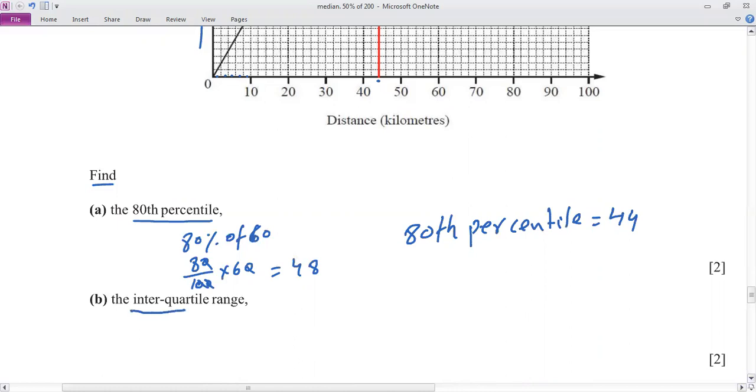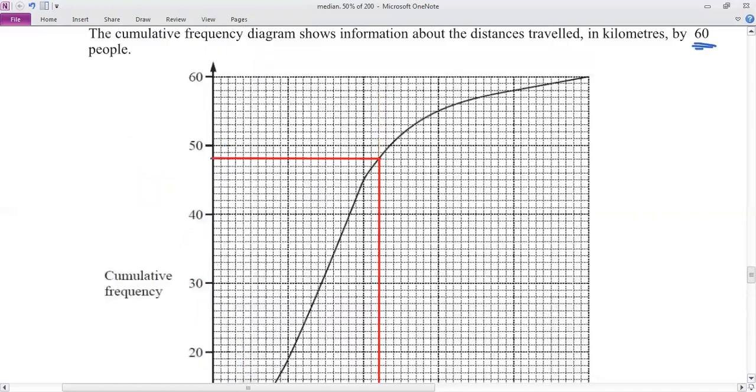Then the interquartile range. The interquartile range, we know, is Q3 minus Q1. First I will take Q3. Q3 is 75% of the total. Remember, the total cumulative is 60.